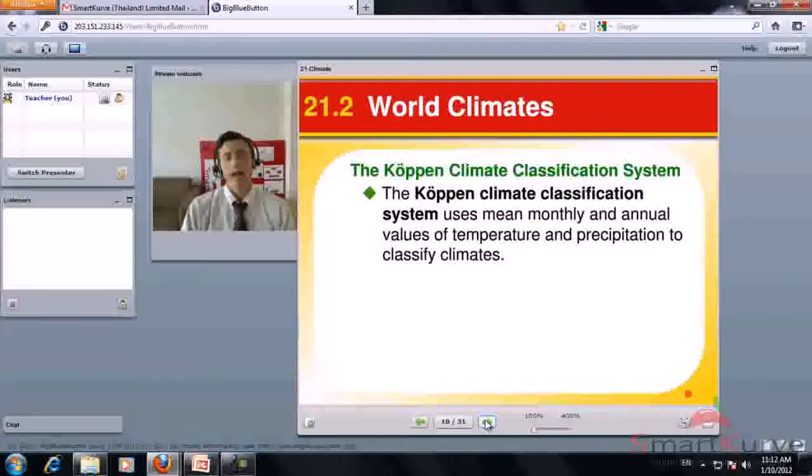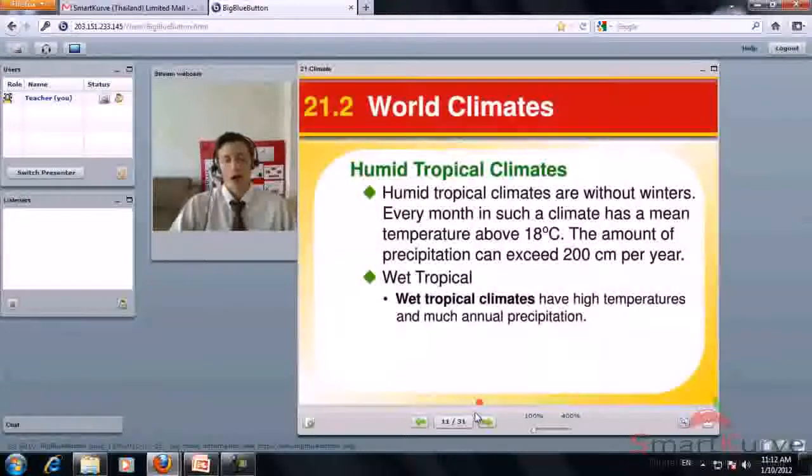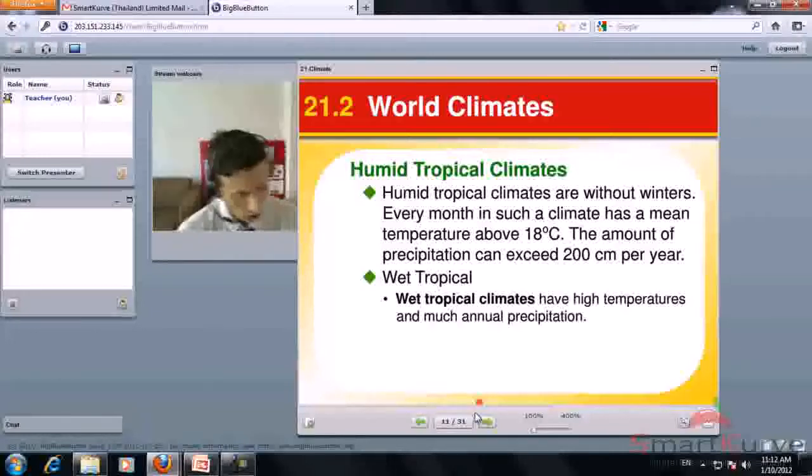It's a way to describe the climate in different parts of the world by temperature and precipitation and seasons. And we're going to look at these different types of climate under the Köppen system right now. Moving on to slide 11. The first type of climate we're going to look at are the humid tropical climates, that humid, wet climate.